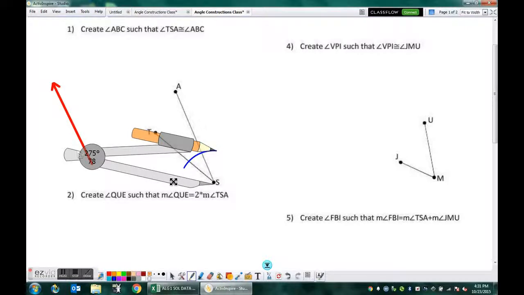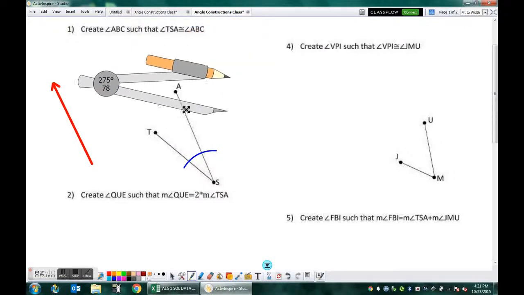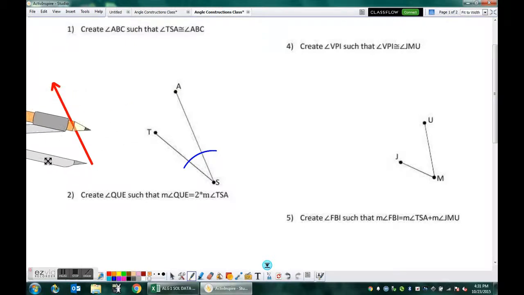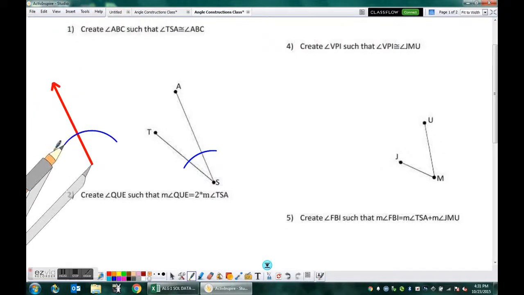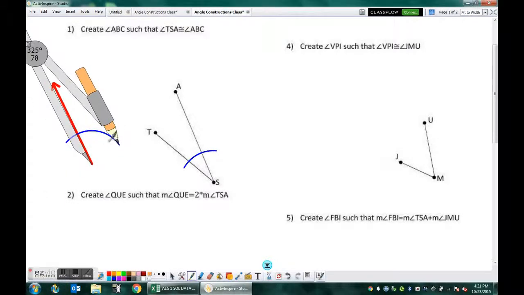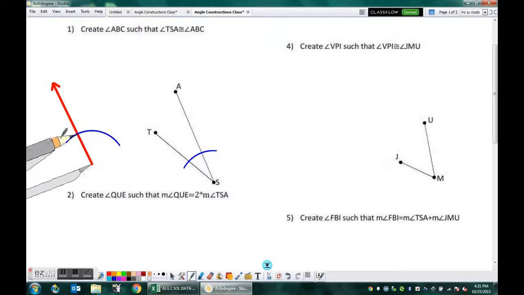Since I'm copying this angle, I need to move my compass using that same setting to the endpoint of my ray. And I'm making the same arc, as if I was imagining that the angle was already there. I can guess that the angle is probably going to come somewhere through here, so I need to make my arc big enough that it would swing through that whole angle.